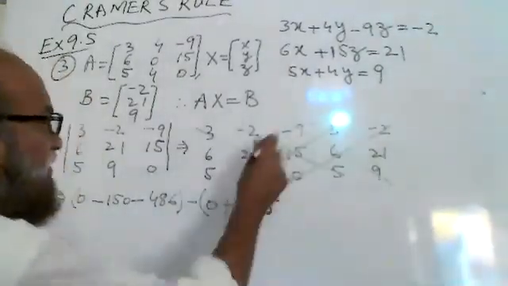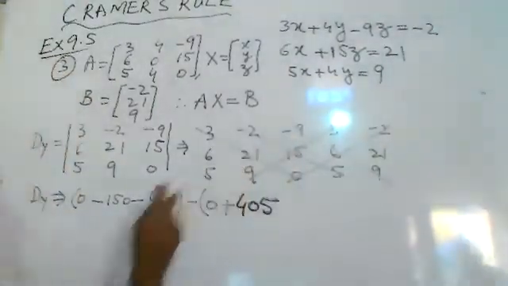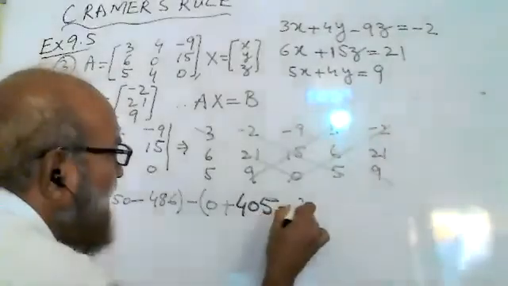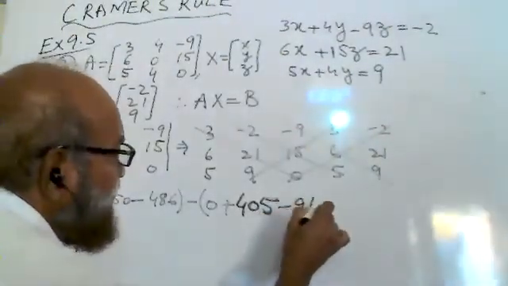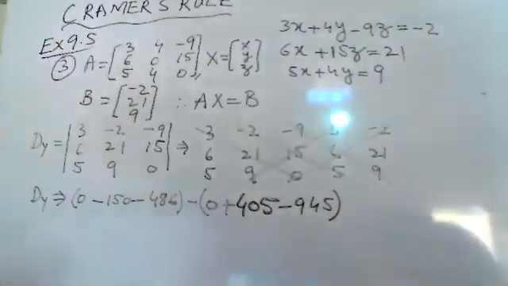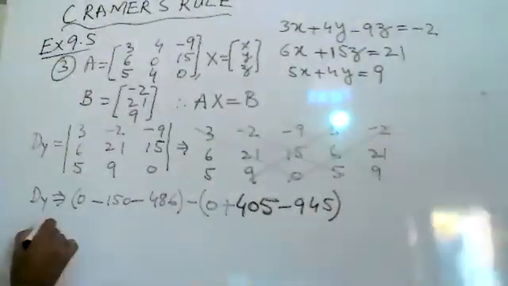Now the last one, minus 9 into 21 into 5, minus 945. Now simplify them.